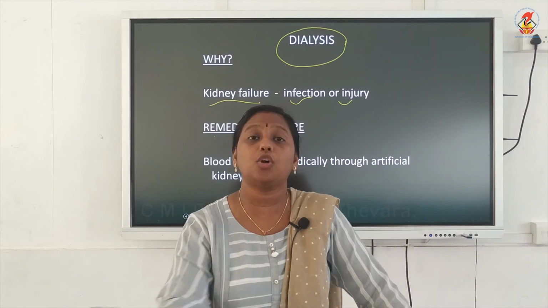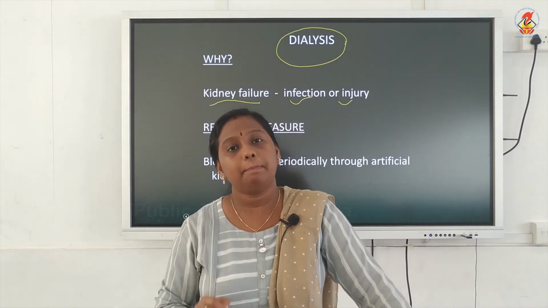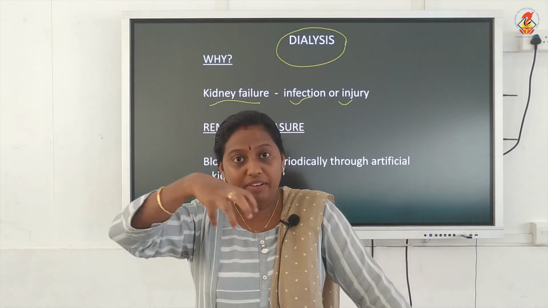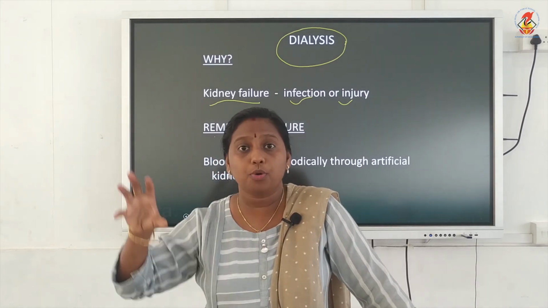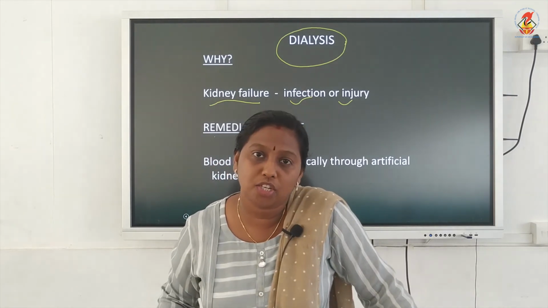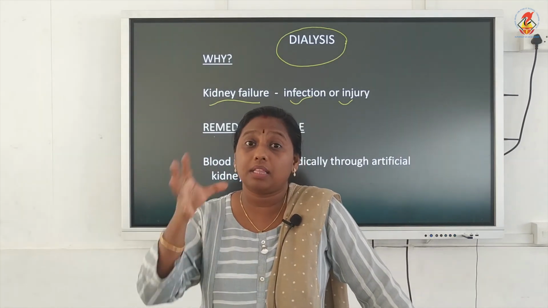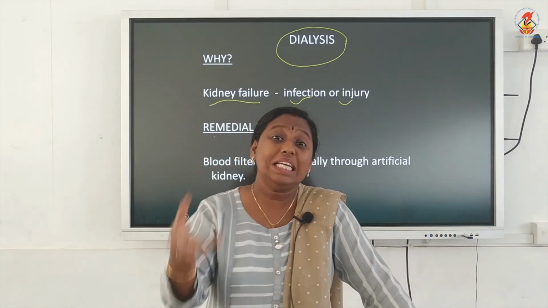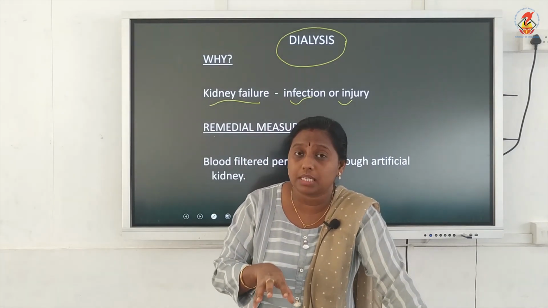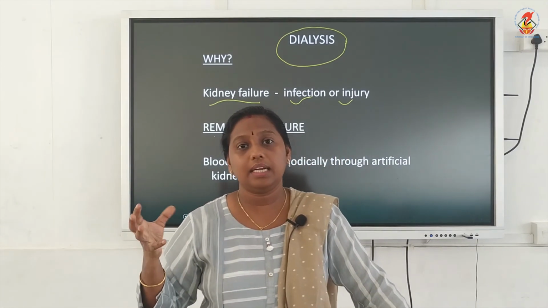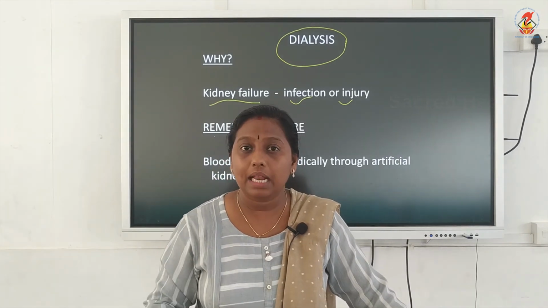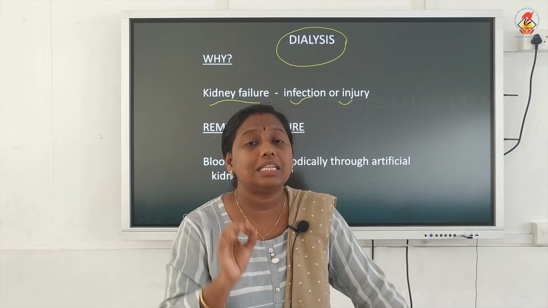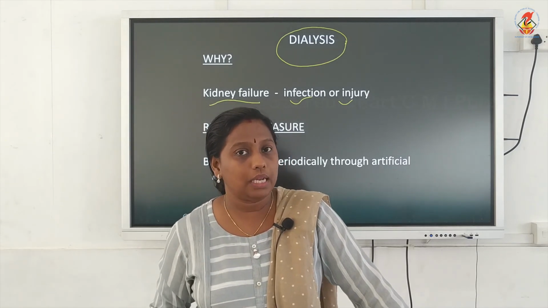It is circulated back into the body of the patient. So the blood from the patient goes to the machine, which purifies it and sends it back to the patient's body again. Something which has to happen inside the body is happening outside in this process called dialysis. So it is a remedial measure for persons whose kidney is not functioning properly.